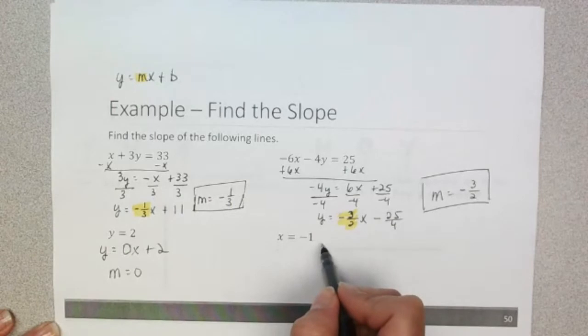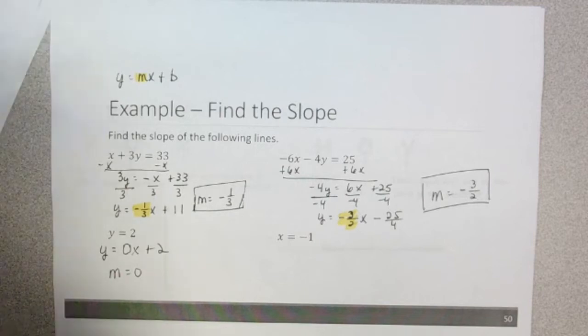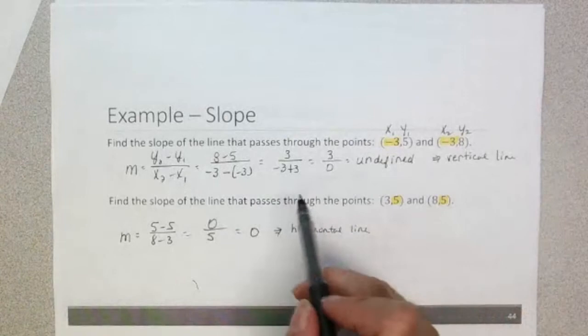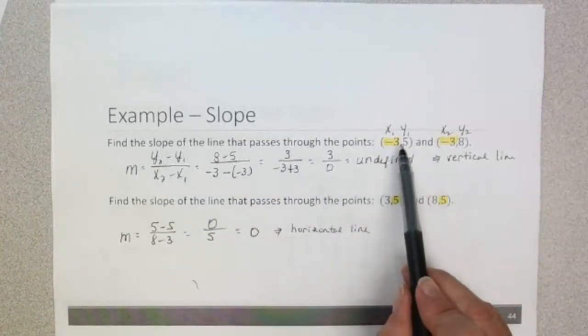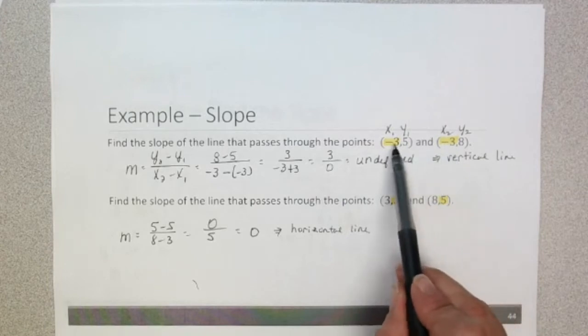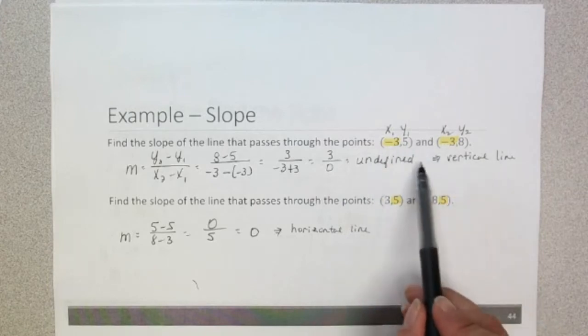This one is really weird. Well, think back to when we were looking at slope. See if I can find that page real quick. When we were looking at slope and we found one where the x coordinates were the same and then the y coordinates were the same, I said if the x coordinates are the same, it's a vertical line.